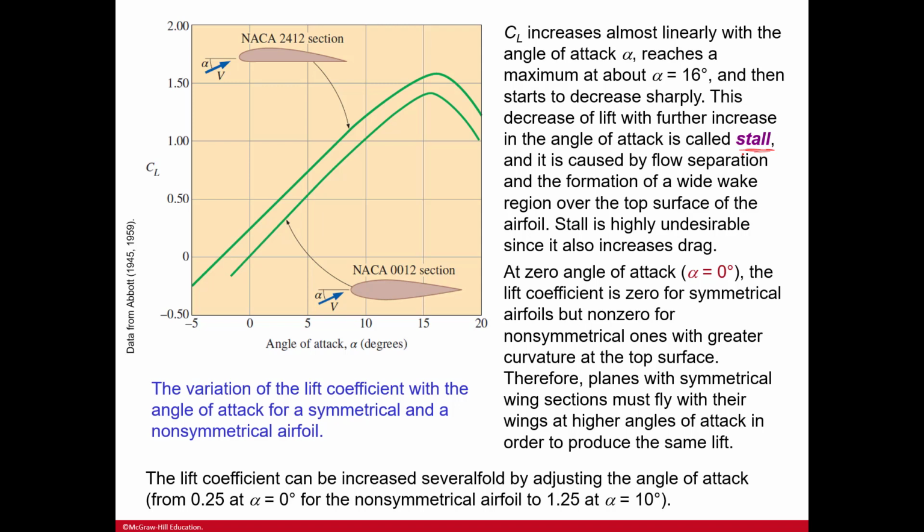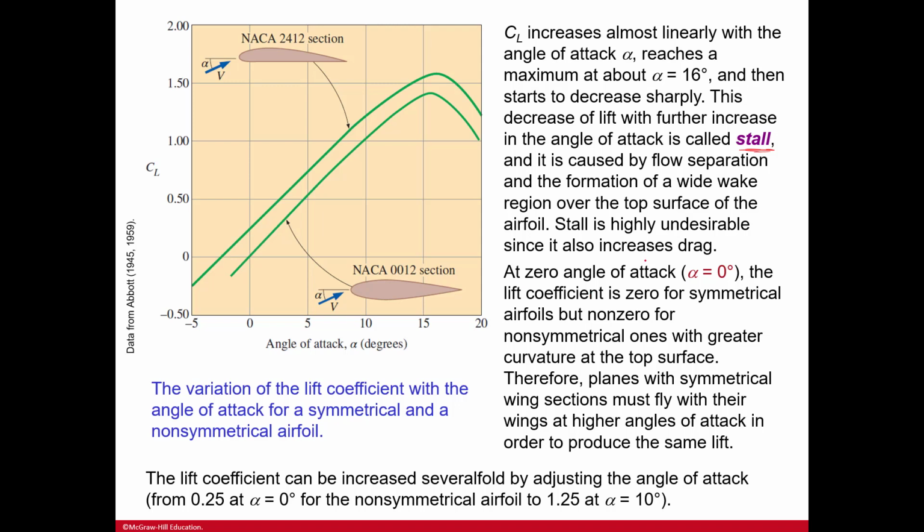And it's caused by flow separation when it just stalls out. That's kind of easy to picture, right? When you have that flow separation and the formation of a wide wake region over the top surface of the airfoil. Stall is highly undesirable since it also increases drag.